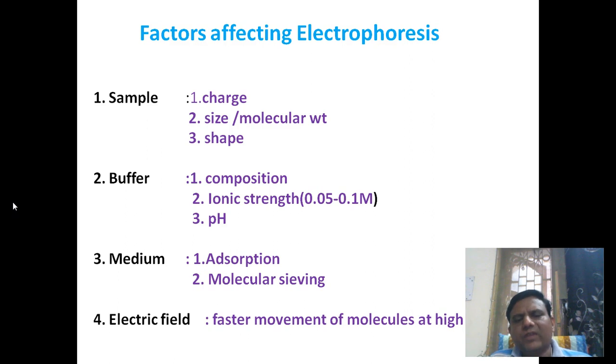So in this way, your electric field is also a very important factor in electrophoresis, which is also responsible for affecting the electrophoretic mobility.